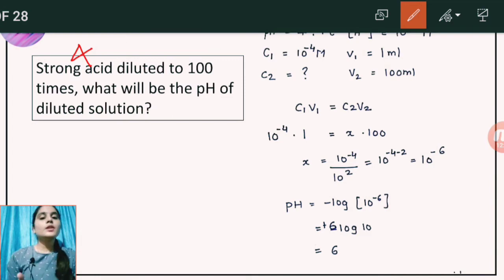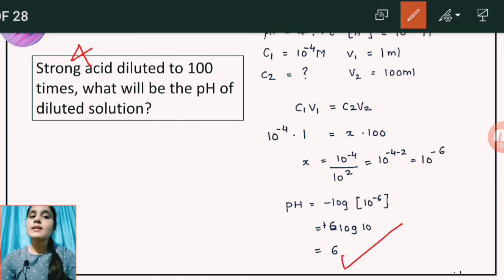Now, simply you can get the answer. If you are diluting the solution by H2O, it is obviously going to add OH minus groups. On the other hand, you can say that if you are adding water to the solution, it is going to increase the pH. And as I have already told you, if you are diluting the solution by 100 times, the pH will increase by 2 units, and simply you can get the answer 6.